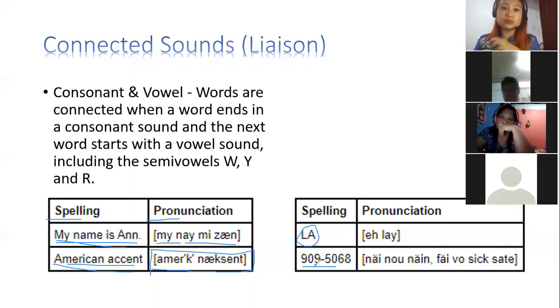Next, for the numbers. In American English, zero is usually not used when giving numbers, cell phone numbers, or house numbers.